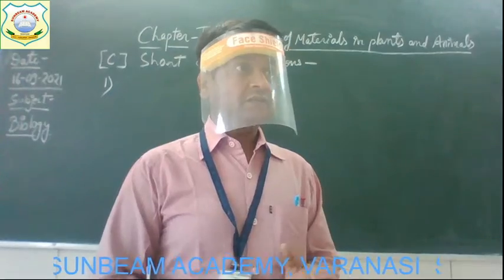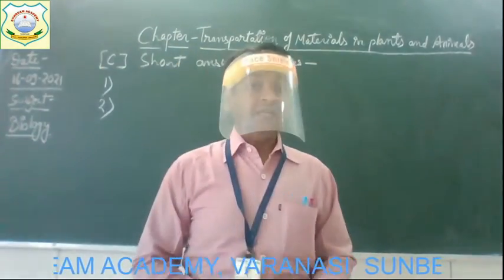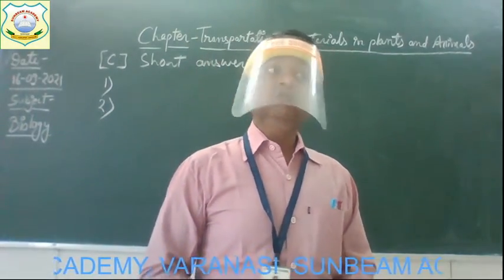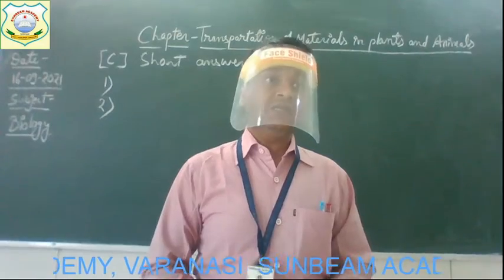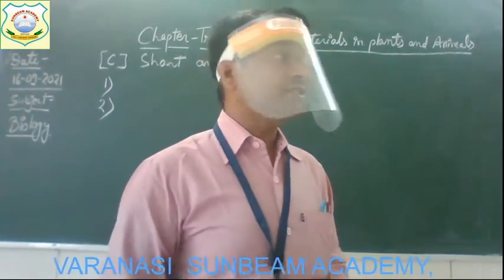Now come to the next question, number 2: what is transpiration? Children, you have to define transpiration here, and remember that in the chapter we have discussed transpiration in detail.